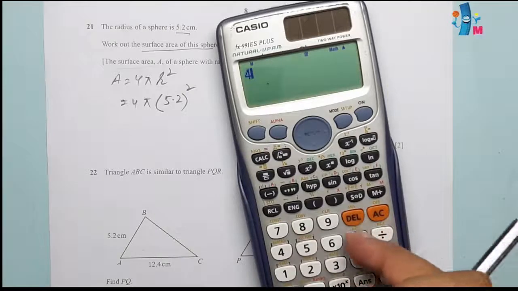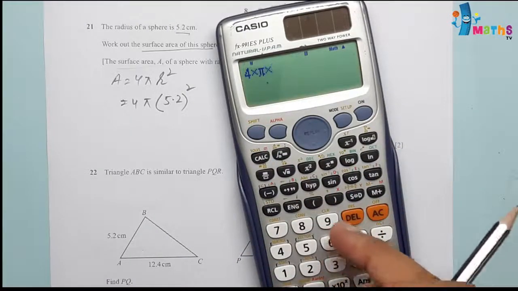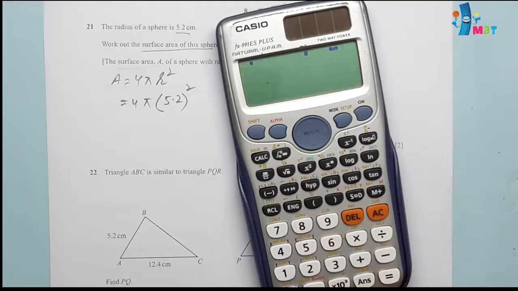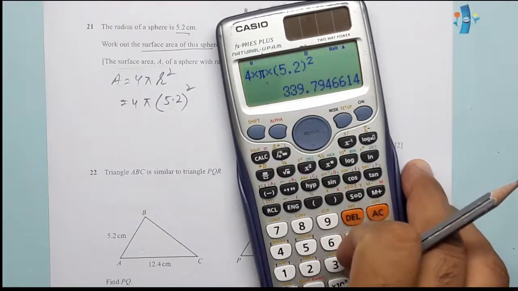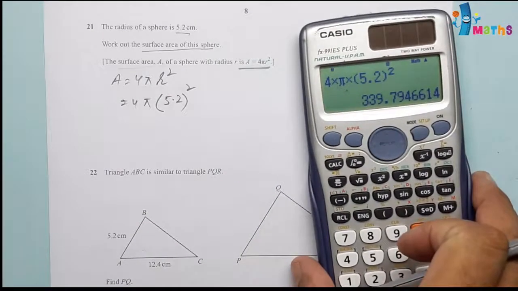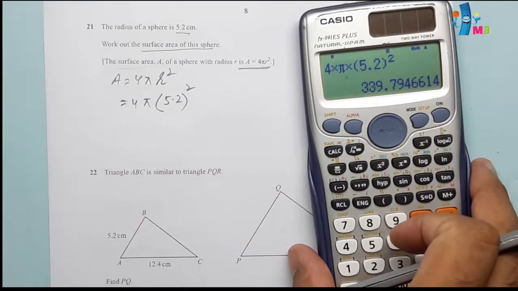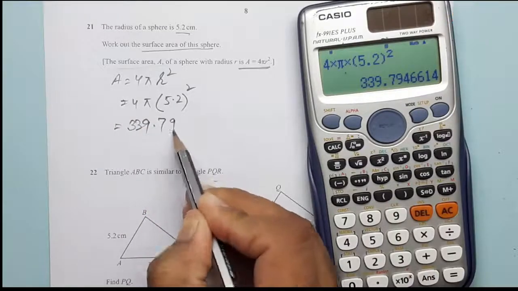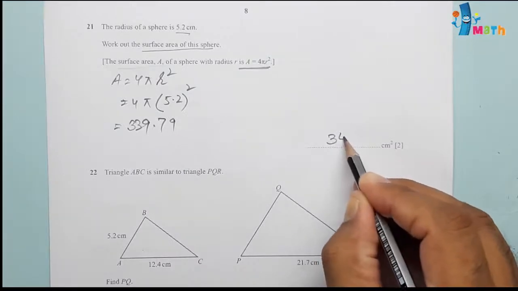So 4 into pi, into 5.2 squared will be equal to 339.79, or we can round this to 340.